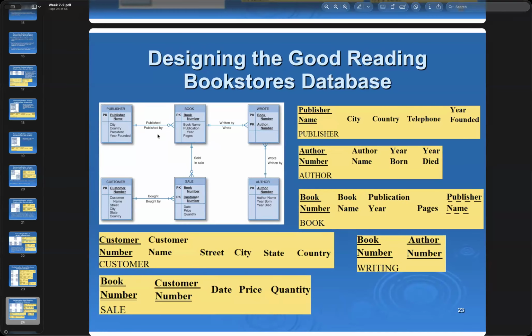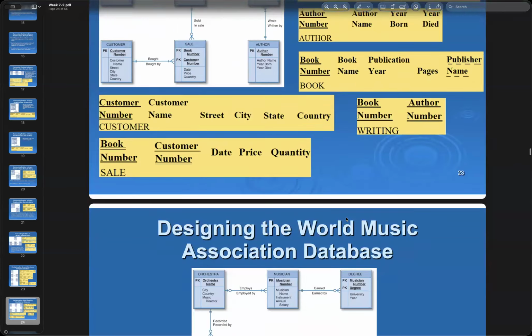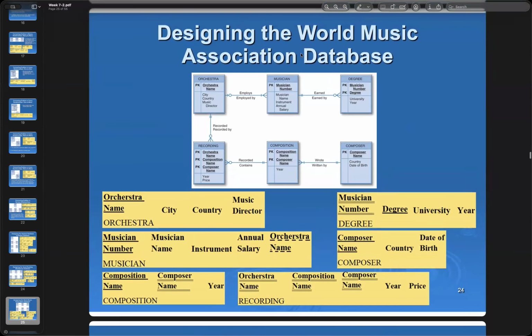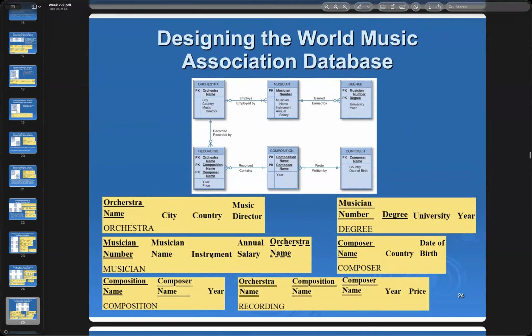So here's a situation right here. And there is some other situation, like the World Music Association database, and sometimes you will see the foreign key shown with a double underline, or sometimes with a dotted line.